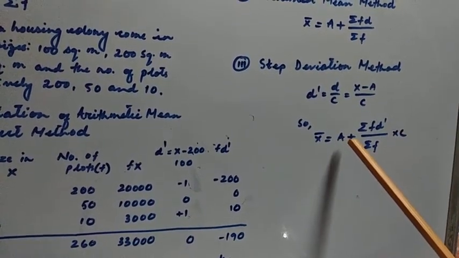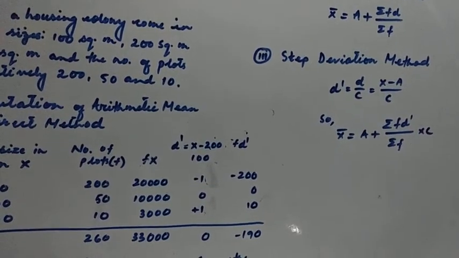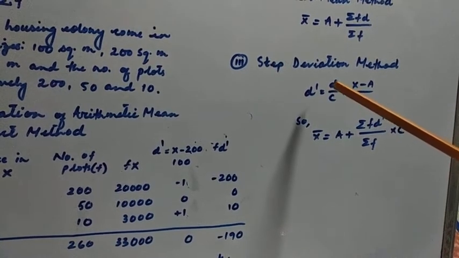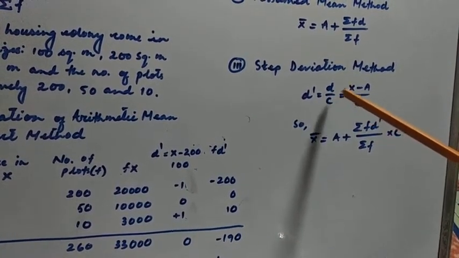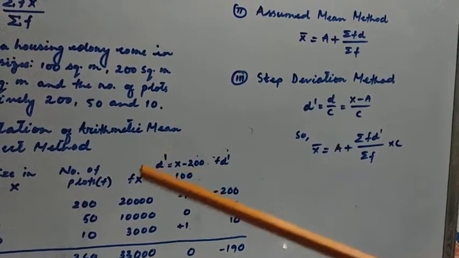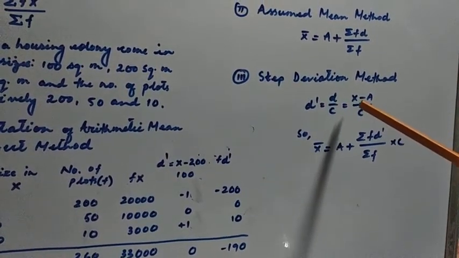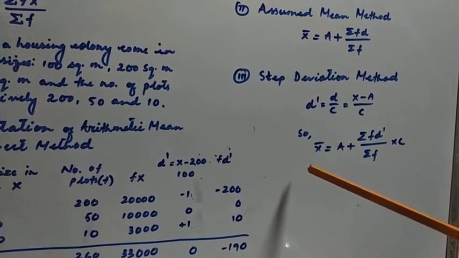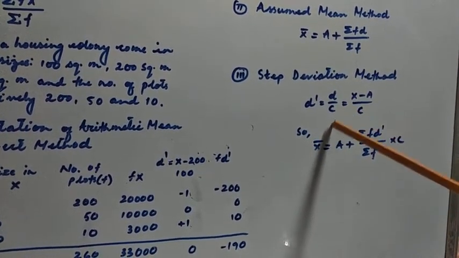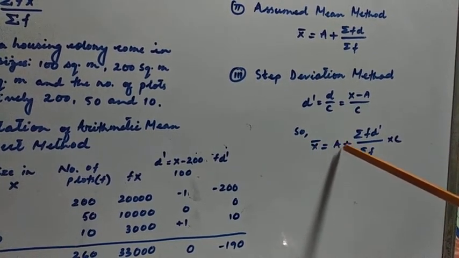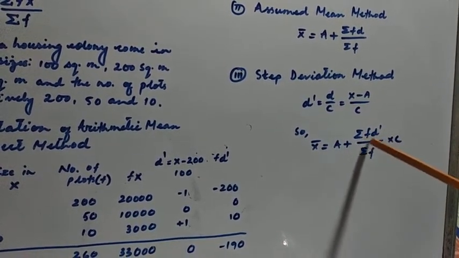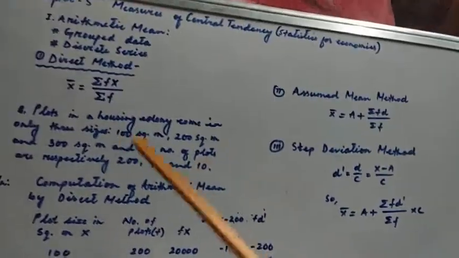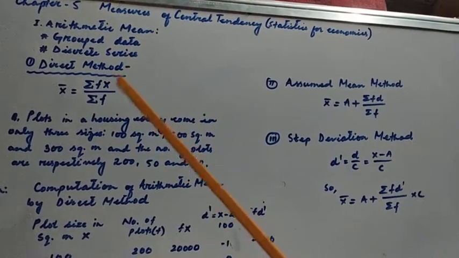A here again is the assumed mean. d dash is nothing but deviation divided by the common factor. d is x minus a, as we have learned earlier. From this we derive that the formula is a plus summation f d dash divided by summation f, into common factor c. So these are the three methods that we use under discrete series.